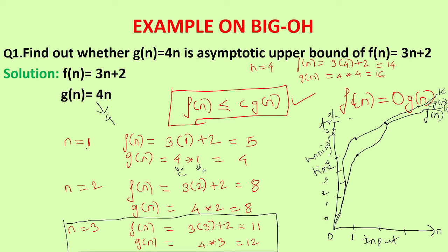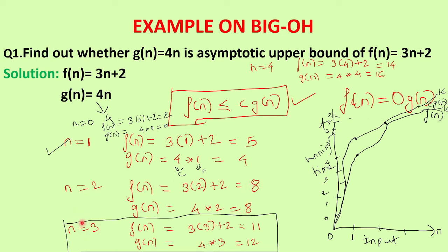Before that, if you take n equal to 0, f(n) was 2 and g(n) was 0. For n equal to 1, f(1) was higher, that is 5, and g(n) was 4. For n equal to 2, both became equal, 8.